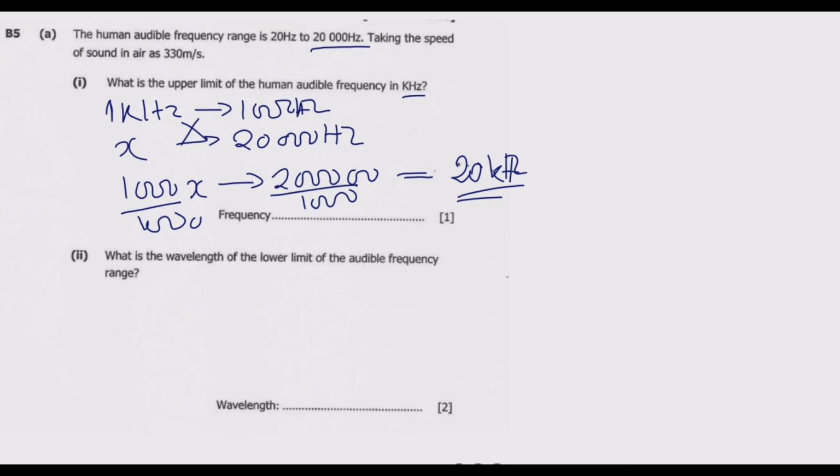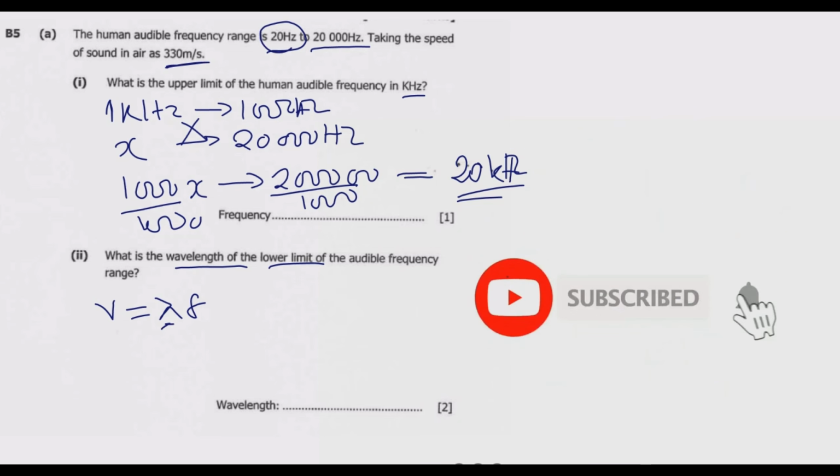What is the wavelength of the lower limit of the audible frequency range? So we were looking for the wavelength of the lower limit. Remember, velocity is equal to wavelength multiplied by frequency. The lower audible frequency is 20 Hz. Then wavelength is what we are looking for. Then we are told speed is 330 meters per second.